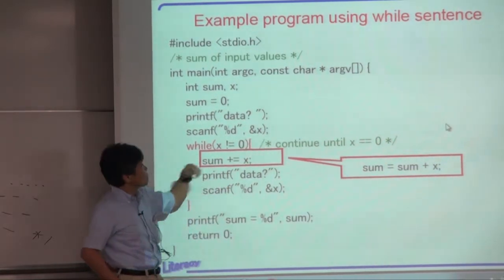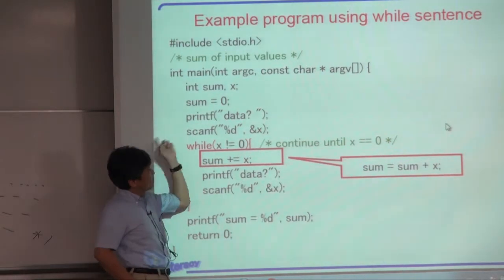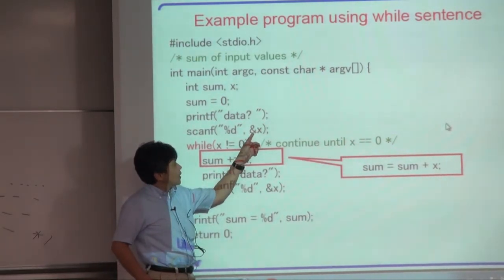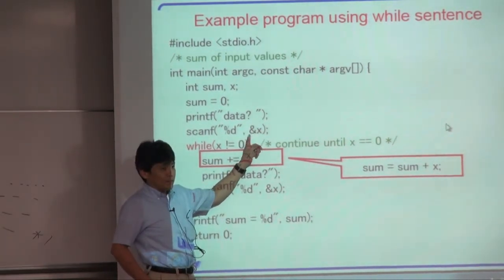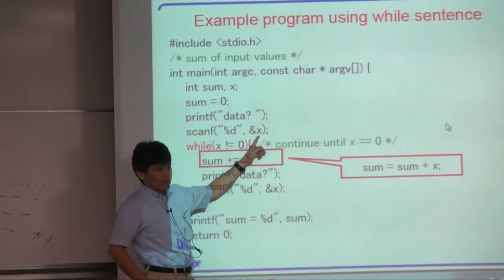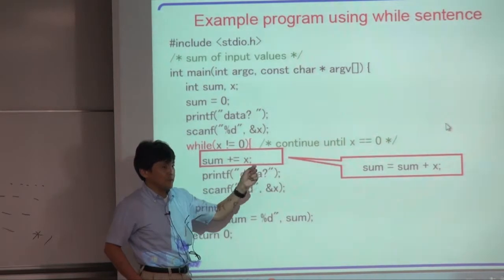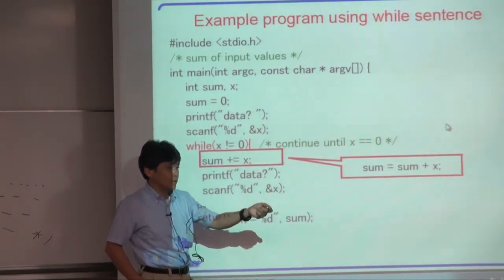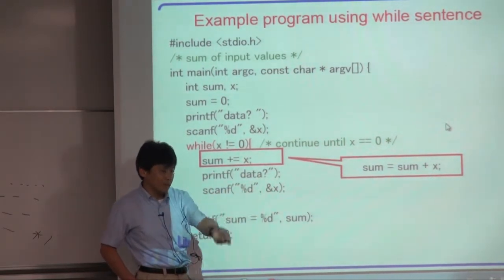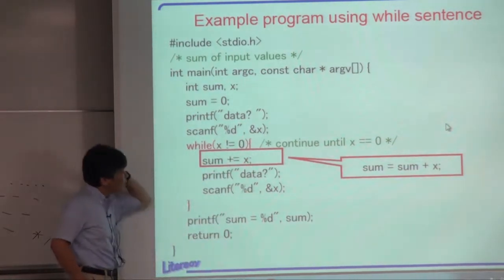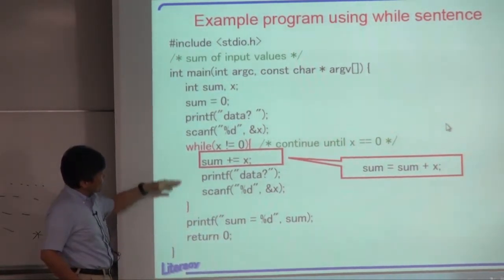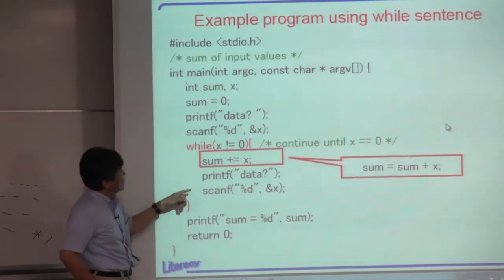As I already explained, the ampersand mark is necessary in this case and is very important, because you have to specify the address of the variable to store the input data. Then the while sentence continues.